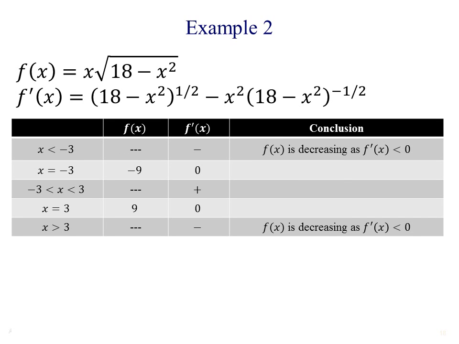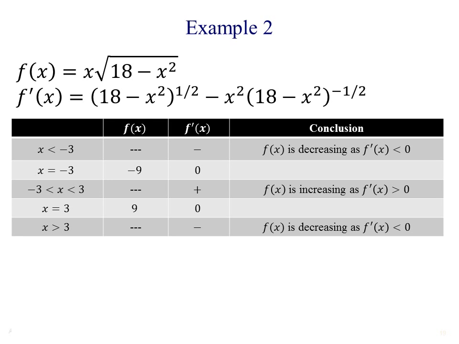With the signs of the derivative in hand, we can begin to fill out our conclusions column. For the intervals x is less than -3 and x is greater than 3, the first derivative is negative. Because it's negative, the function is decreasing on these intervals. For the middle interval between -3 and +3, the derivative is positive.